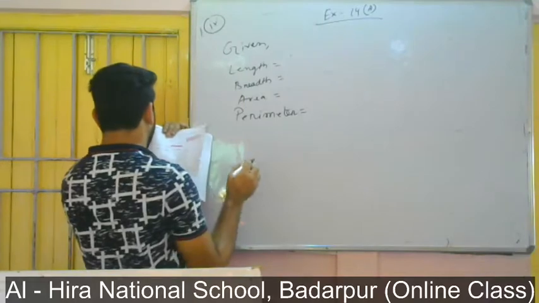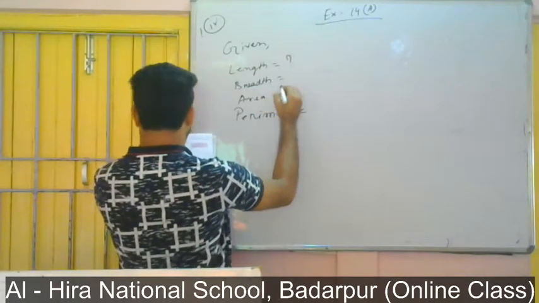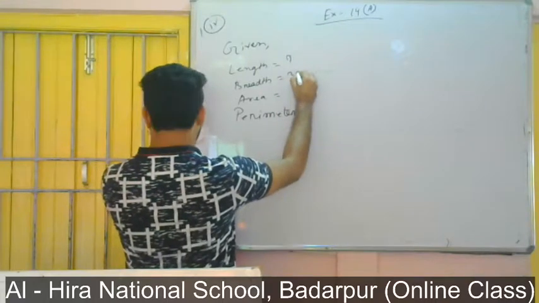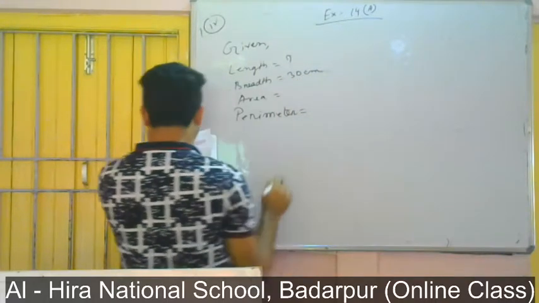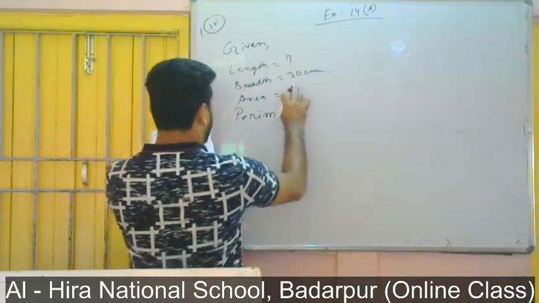First you write what is given. Length is not given, so you put a question mark. Breadth given: 30 centimeter. And area given what?